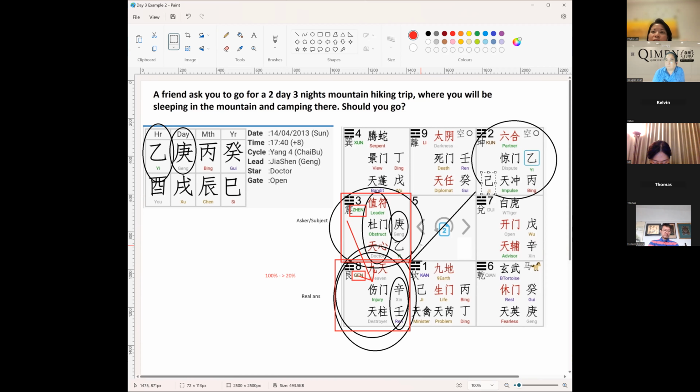So the only reason why we plot the second chart is, the first chart, we ask whether it's viable or not. The second chart is on that particular day of departure and time of departure, that is the only alternative chart that we can plot to check the situation, right? Yes. Okay, got it. Thanks so much.